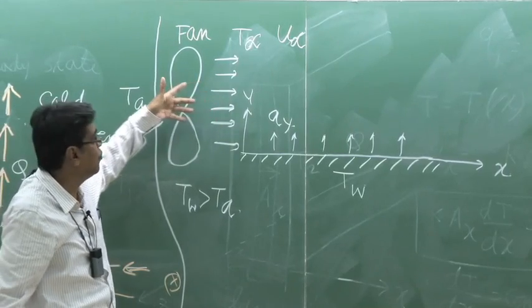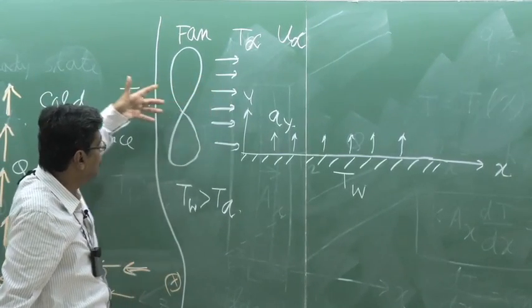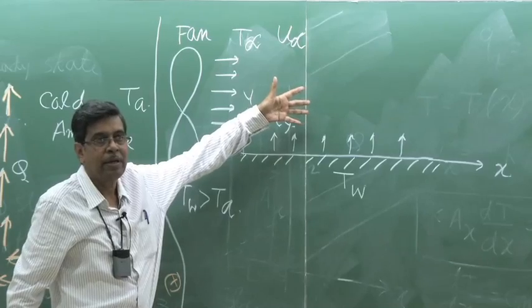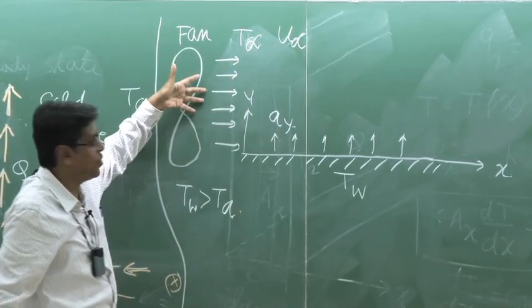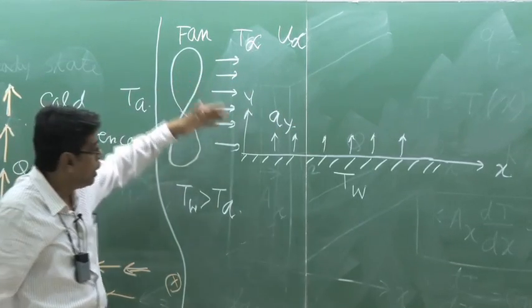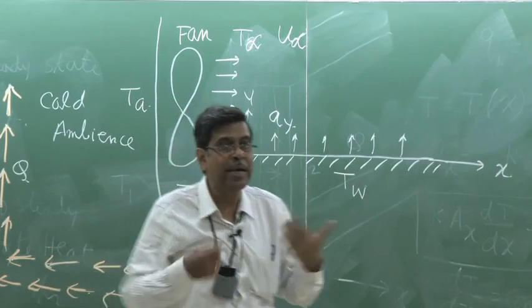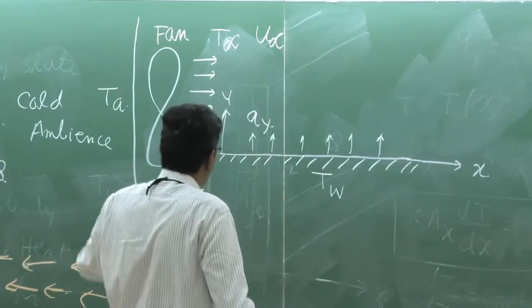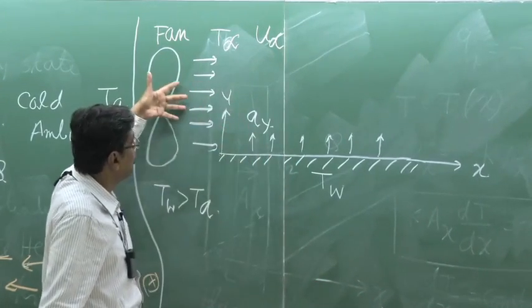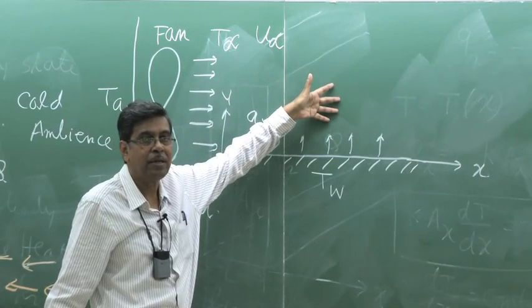Now, if we increase the flow rate, that means increase this u infinity velocity coming out from the fan, the plate is cooled at a faster rate. That means the rate of heat transfer increases when you increase the flow rate.